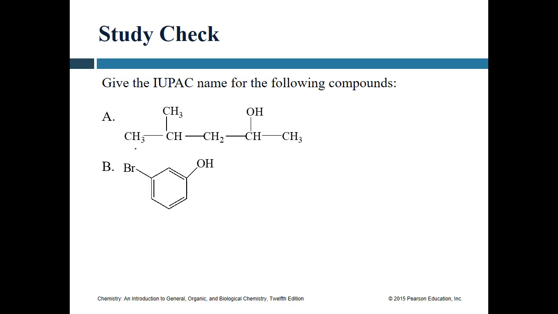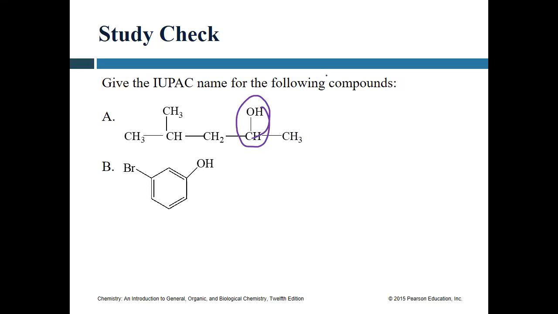All right, we've got a similar kind of situation here in A compared to what we had before. I've got an alcohol group hanging off of this carbon here. I need to figure out how many carbons I have. 1, 2, 3, 4, 5.